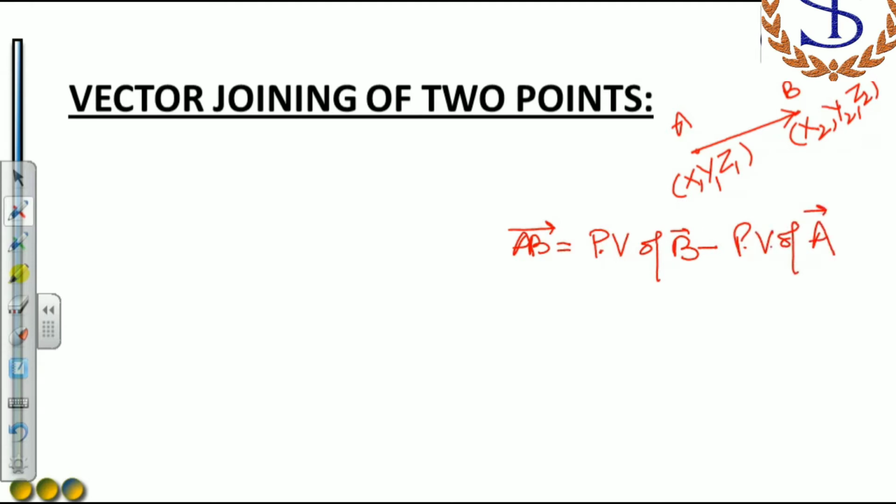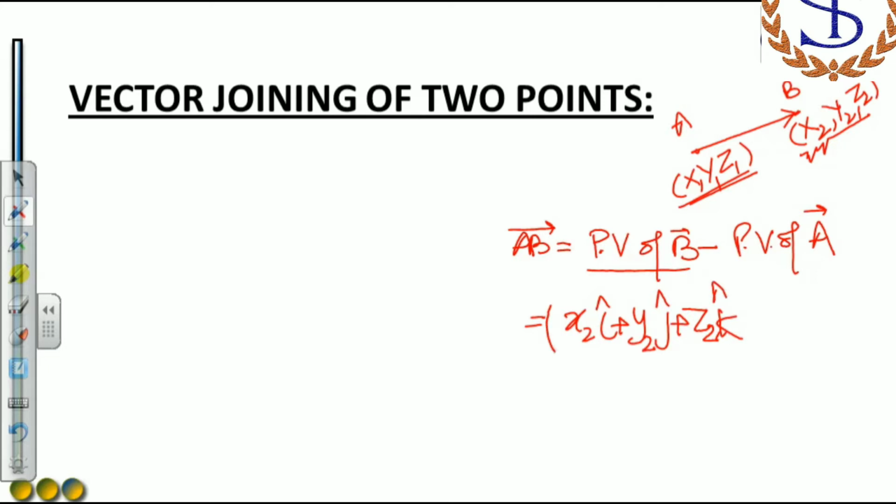Now, if the coordinates of the points are known to us, how can you find the position vector? Yes, by simply putting i cap, j cap, k cap before x, y, z. It means the position vector of B is x2 i cap plus y2 j cap plus z2 k cap.